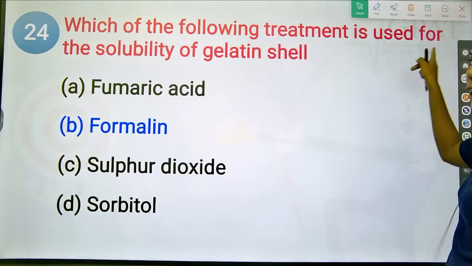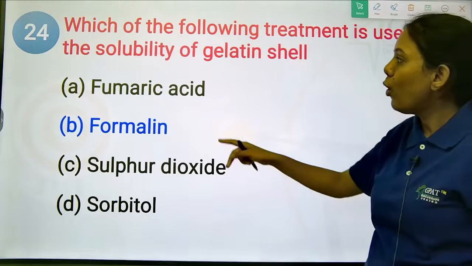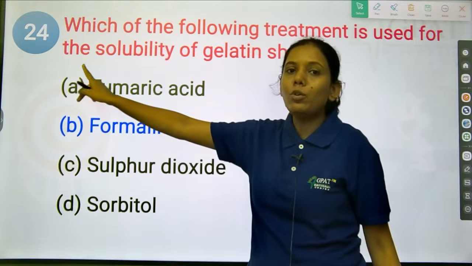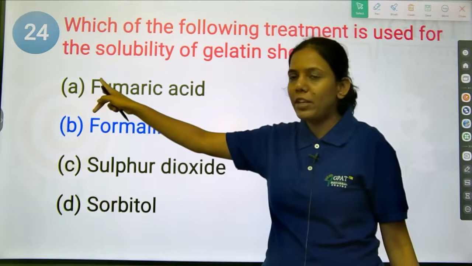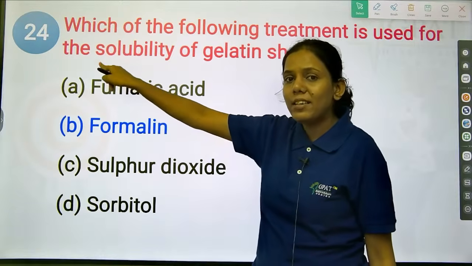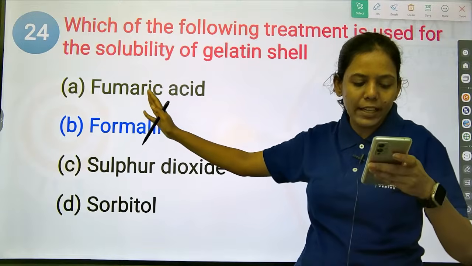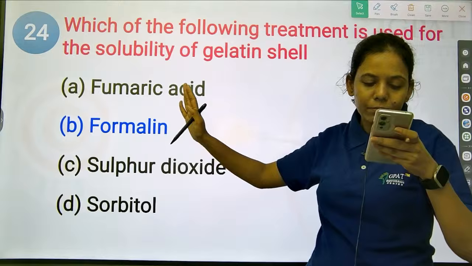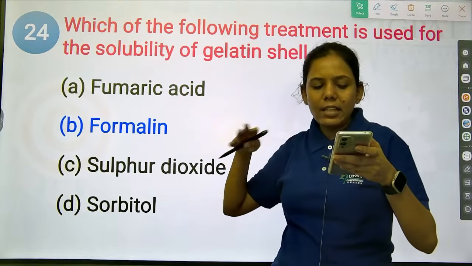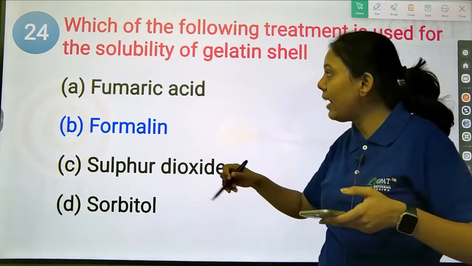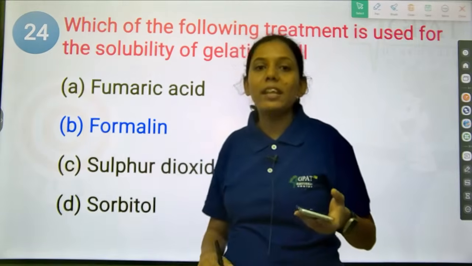That is the reason even I got confused when you asked. Okay, so one word is missing, to retard the solubility, because they did not mention. If they mention to increase the acid solubility, then definitely your fumaric acid, as we have discussed, will be the right answer. So I hope, not that the answer is wrong, but we can tell that here one word has to be there, that is retard.